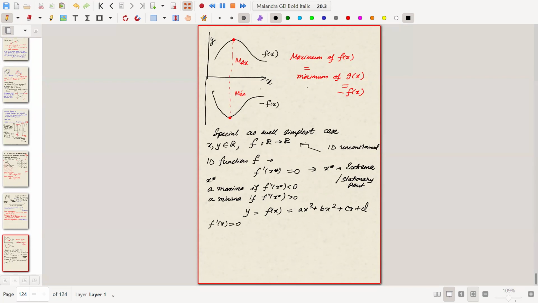So it will be 3ax squared plus 2bx plus c equals 0. And from this you have to find x, right? What is the value of x that satisfies this? This is a root finding problem. Again, you have to take help from your previous semester course: Newton method, bisection method, or whatever, to find the roots. So what I am saying is that an optimization problem has been converted to a root finding problem.